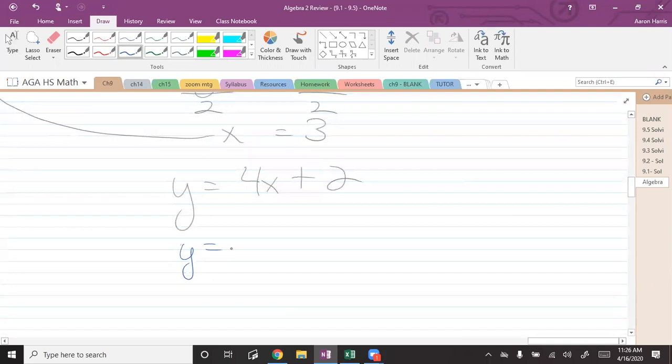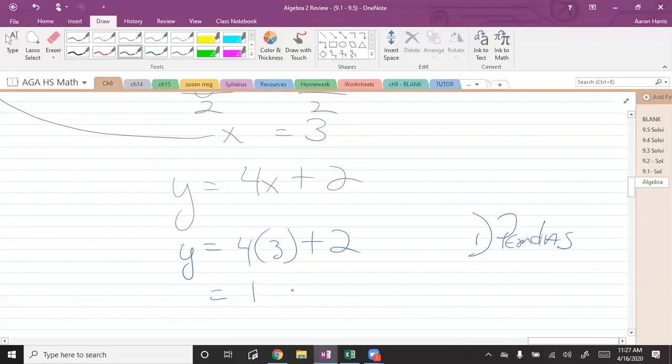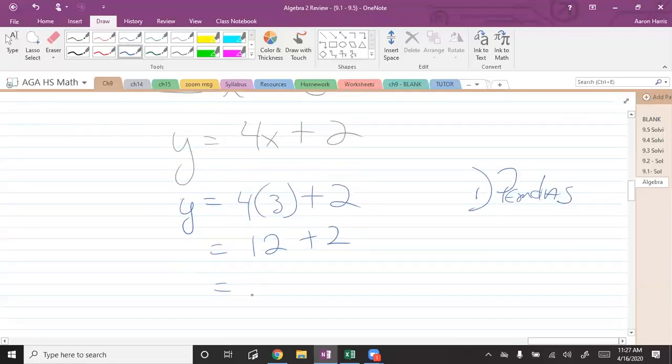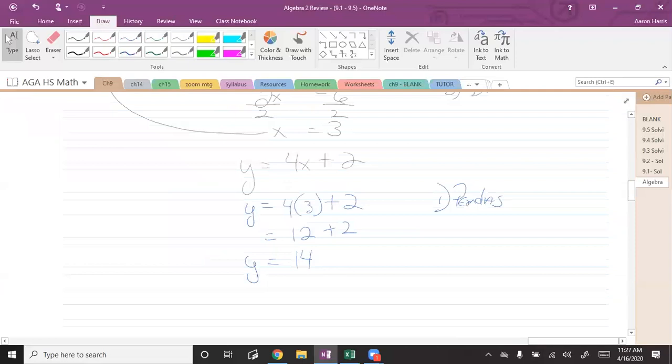Y equals 4 parentheses 3 parentheses. Good. So all I have to do is PEMDAS. What do I get? Distribute the 4 into the 3, which is 12 plus 2. Equals what? 14. So y is equal to 14. X is equal to 3. What's my answer?